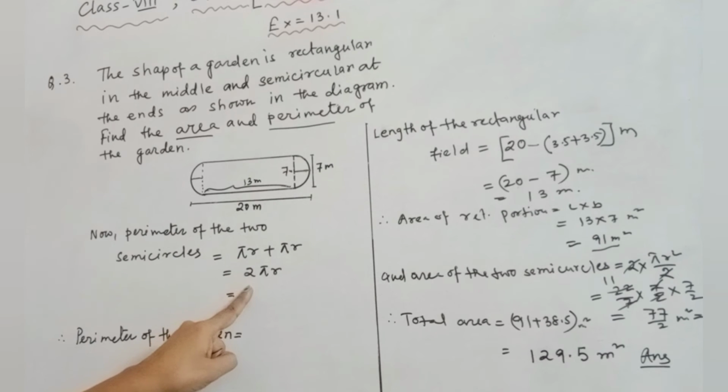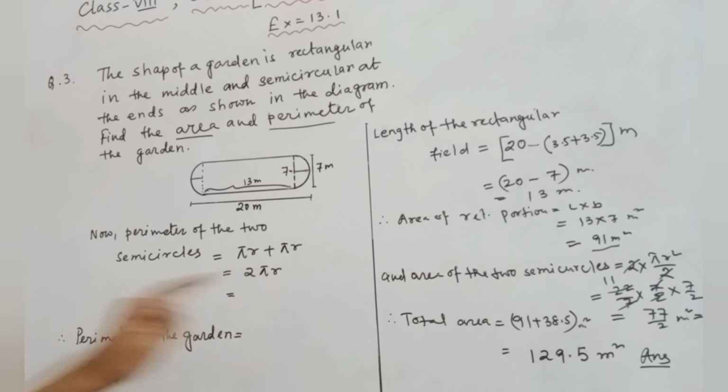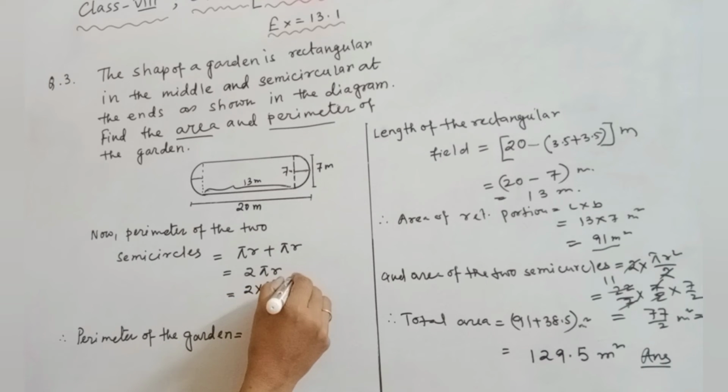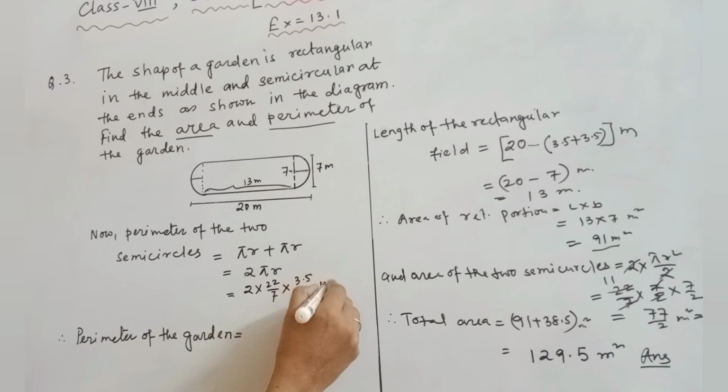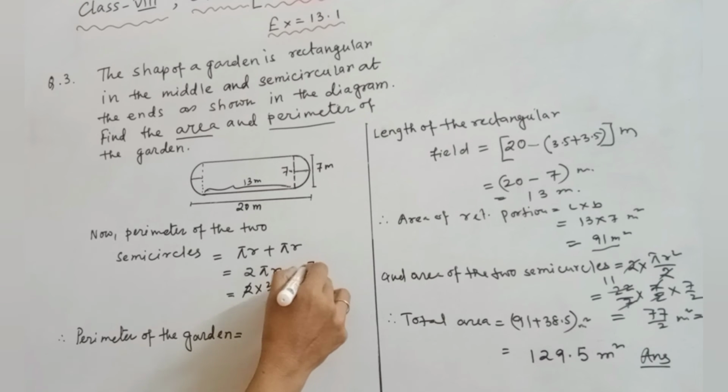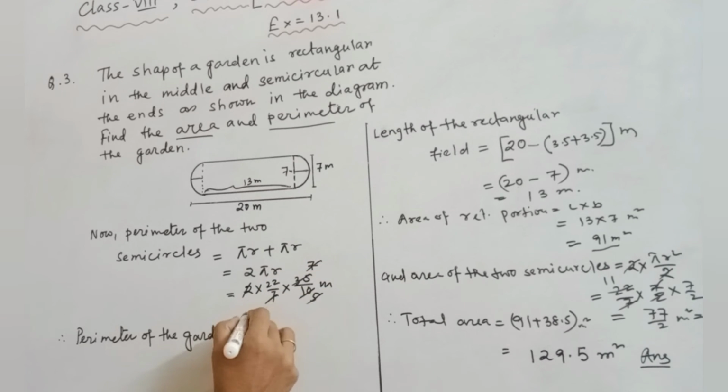If you add this pi r and pi r, you will get 2 pi r. So what will be the value of 2 pi r? 2 into 22 by 7, and the radius is 3.5 meter. For this decimal you can take 10 here. 2 fives are 10, 5 sevens are 35, 7 cancelled out, equal to 22 meter.